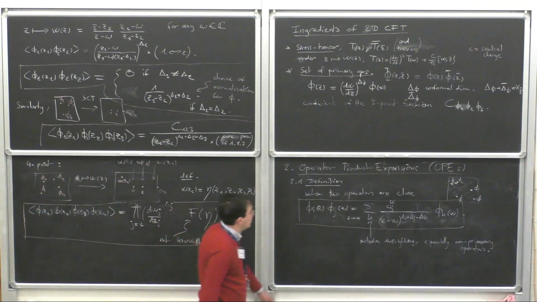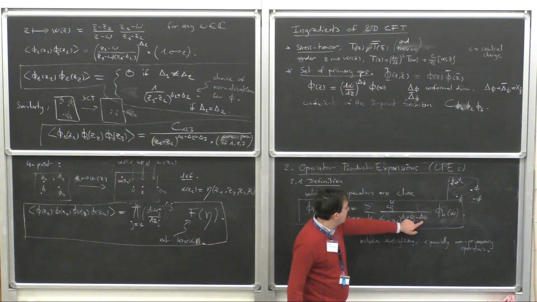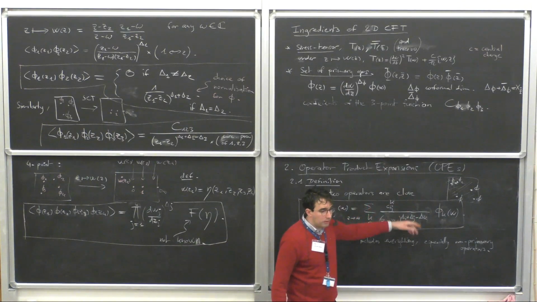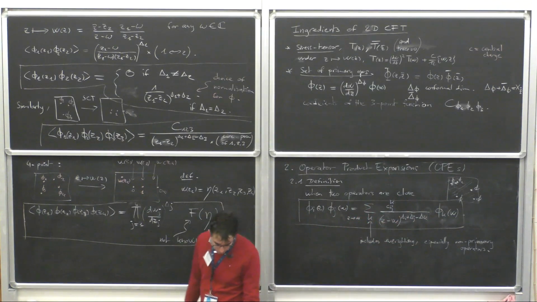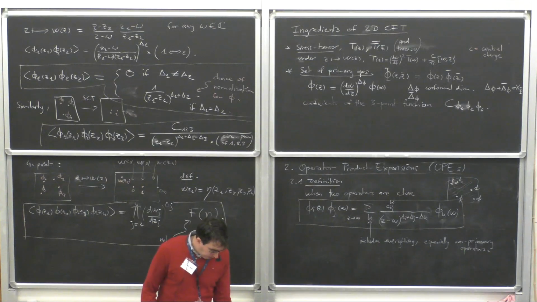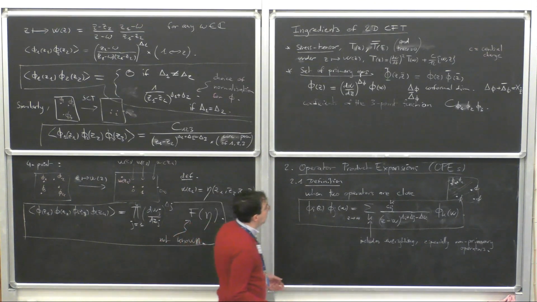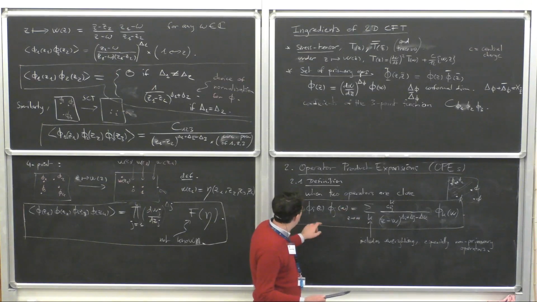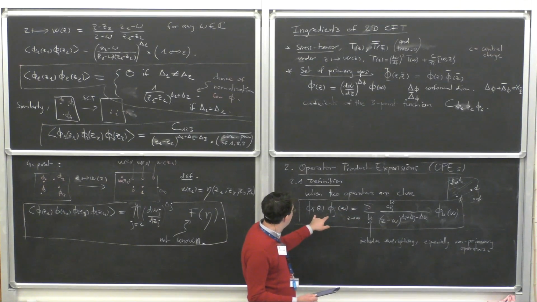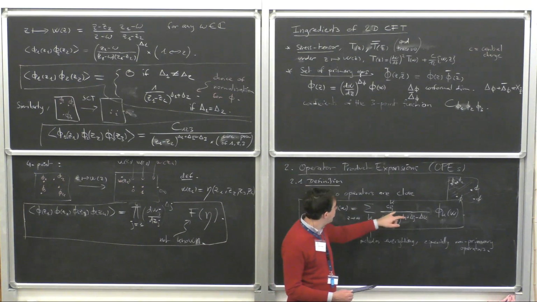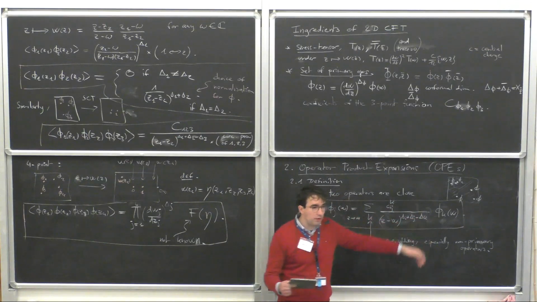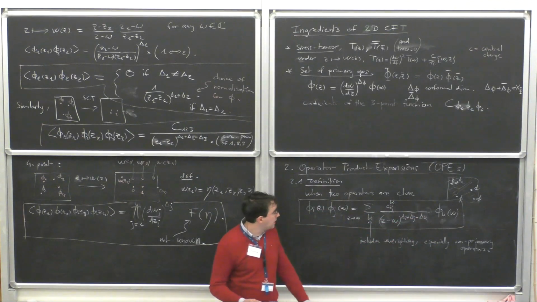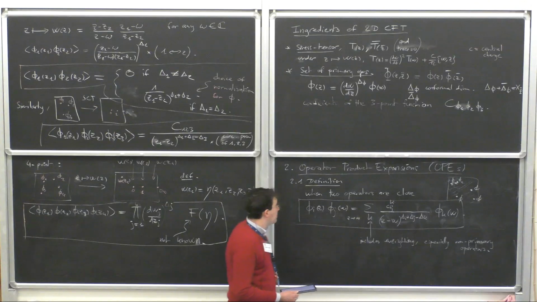I mean, this delta_k here is not necessarily the dimension of the primary. Okay, so at this point you might say, we have replaced this nice expression with two operators by a horrible sum with coefficients that we don't know and over infinitely many terms. So why is this interesting?